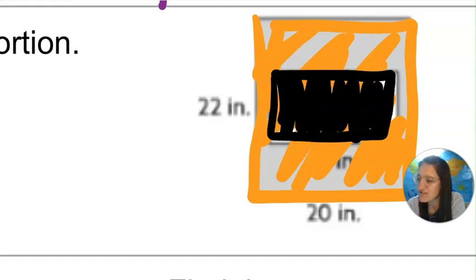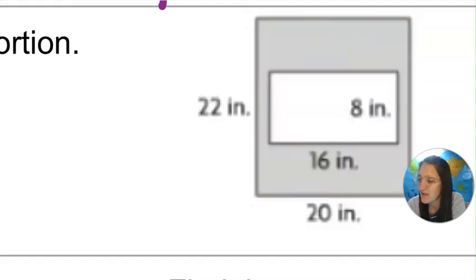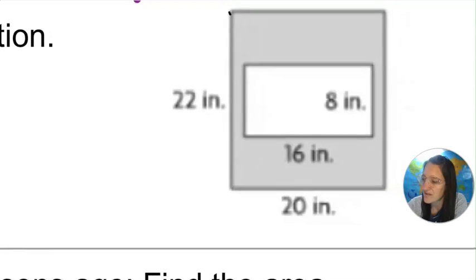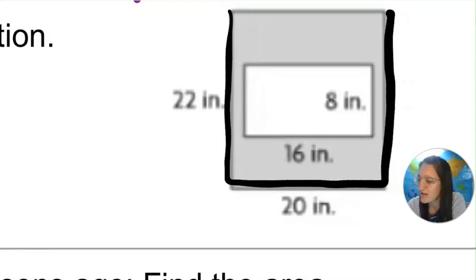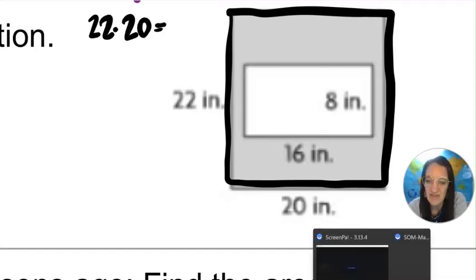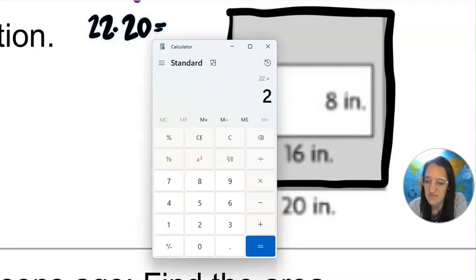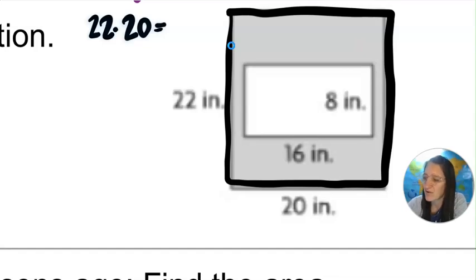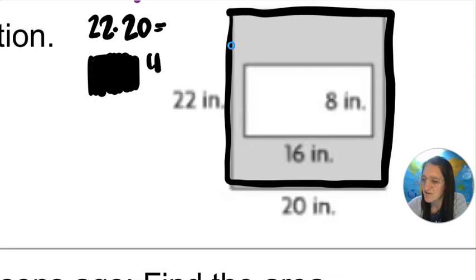That should leave me with just the shaded portion. This is a parallelogram, so I'm going to go 22 times 20 because it's base times height. That's 440. So the whole thing is 440 inches squared.